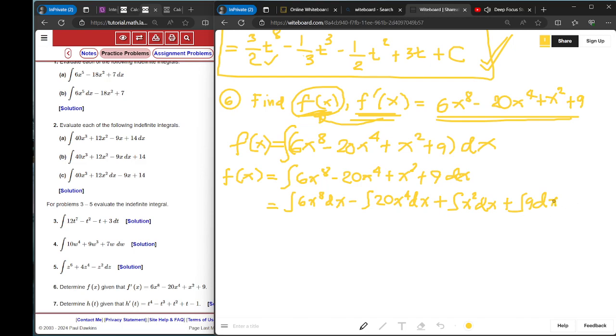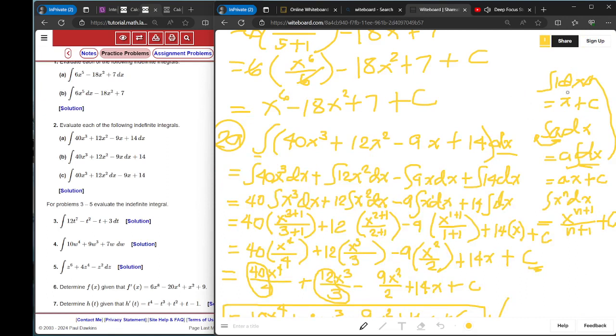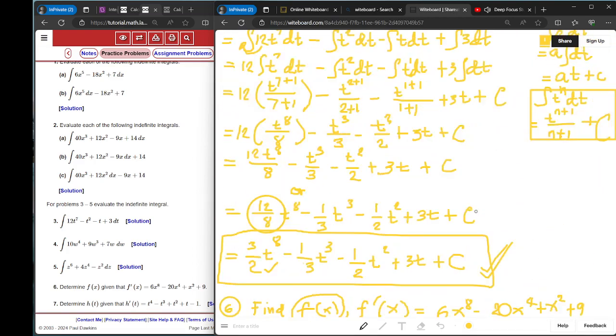So we can go back to the properties at the top. We have here the integral of dx is x, the integral of a dx is a times x, and the integral of x to the n is x to the n plus 1 over n plus 1. If this is 2, that's x to the 2 plus 1 over 2 plus 1. If this is 7, the integral of x to the 7 is x to the power of 7 plus 1 over 7 plus 1.